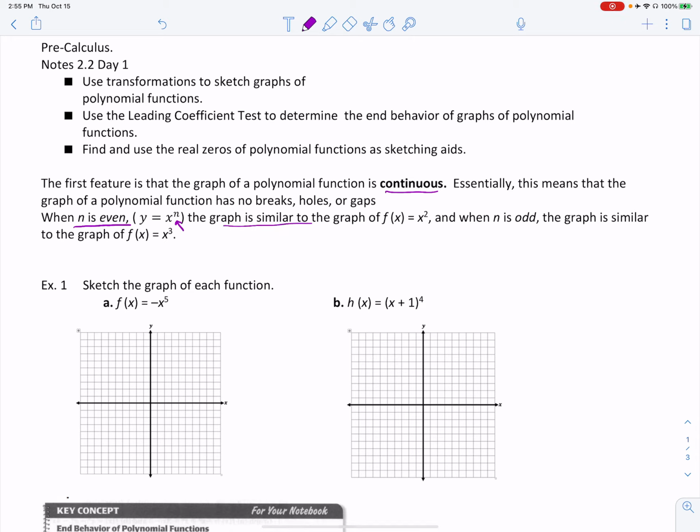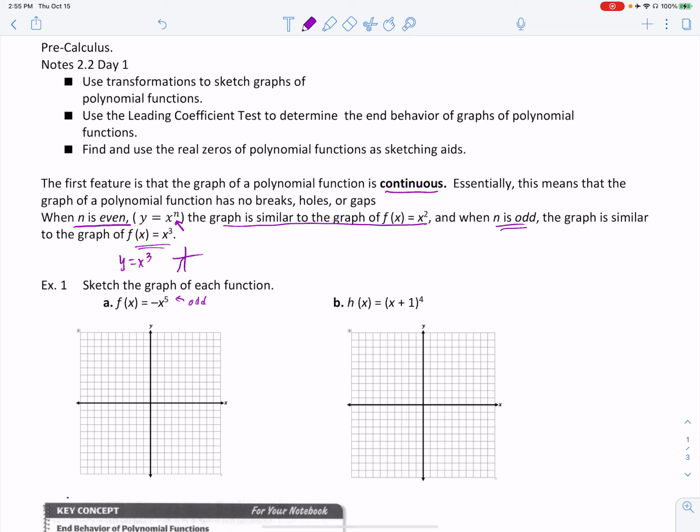The graph is similar to the graph of x squared in terms of end behavior anyway. And when n is odd, then the graph is similar to the graph of y equals x cubed. In this first case, the exponent is odd, so we're thinking it's going to be closer in nature to that of x cubed.